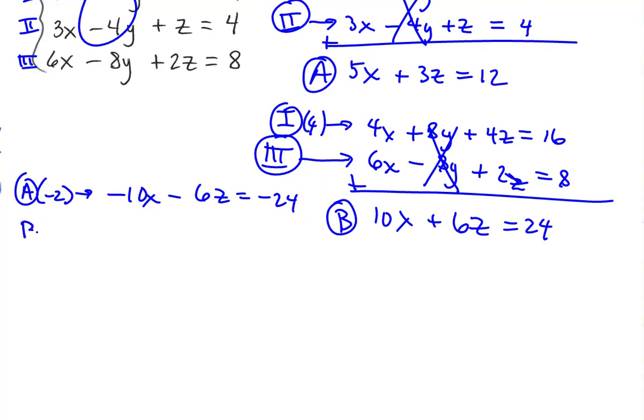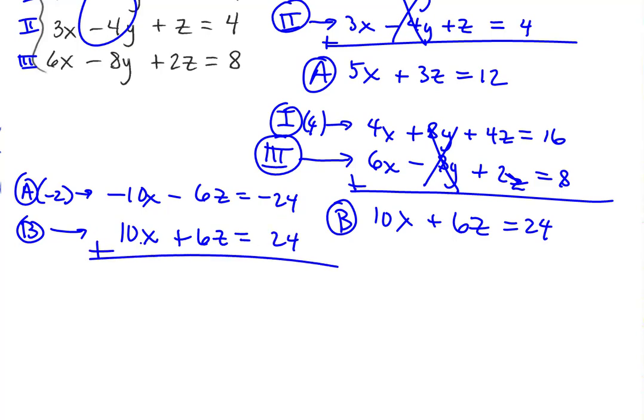And then we're going to take equation B, but actually just copy it down as we have it, which would be positive 10x plus 6z equals 24. And you'll notice, though, if you start to add these, everything eliminates, which we weren't necessarily going for, but it's happened. So that means we have 0 on the left side equals 0 on the right side.